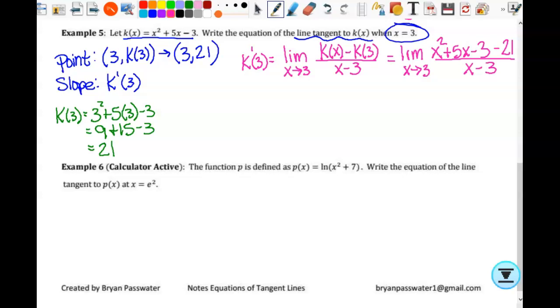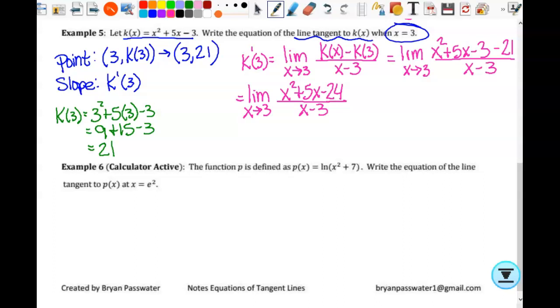Okay? So then I keep going, and I rewrite my limit statement again. I don't get to stop writing it until I actually substitute in the 3. The limit as x approaches 3, my numerator is x squared plus 5x minus 24 over x minus 3. What do I need to do next?